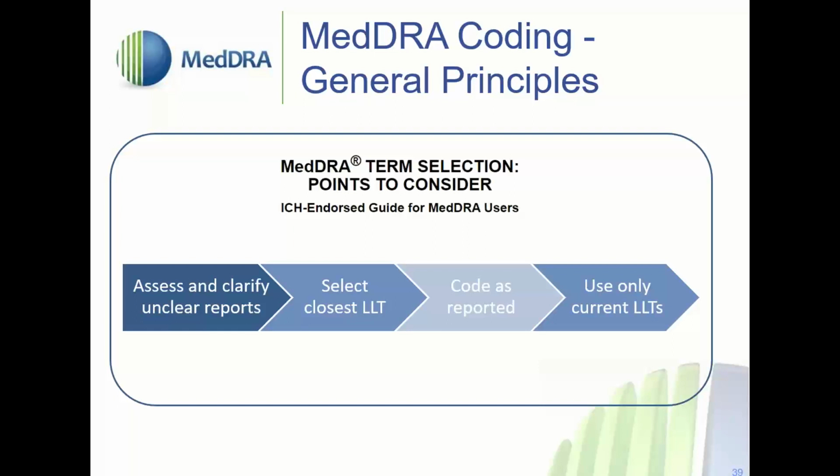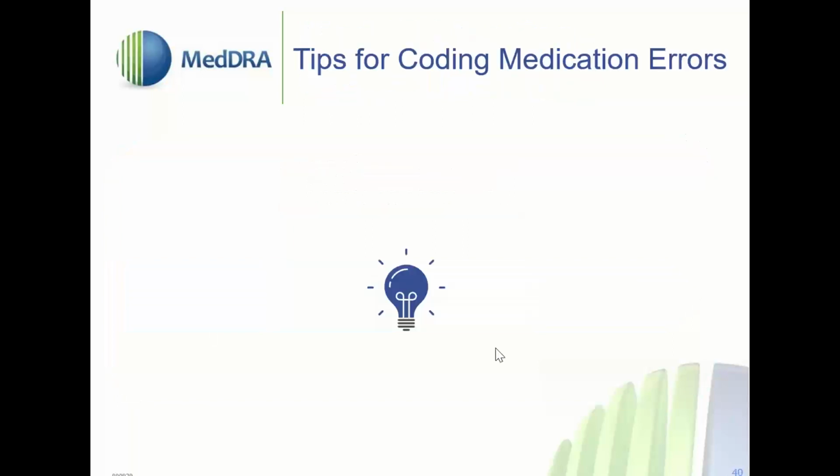So nothing should ever be interpreted or added, and no relevant information should ever be omitted. This is a basic rule. As I mentioned, code as reported. And of course, only current LLTs should be used for coding. We go into that in other webinars. So I assume you are all very familiar with these basic rules, so I won't go into them any further. It's just always good to have a reminder, right?